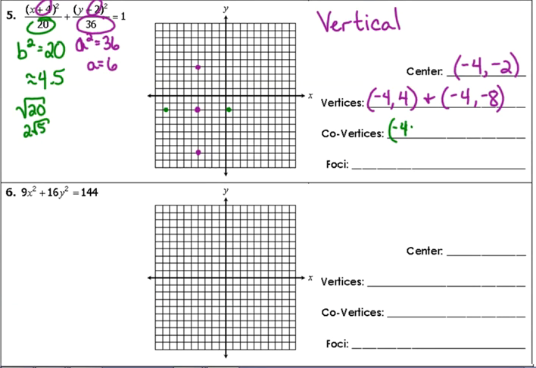So I'm going to do -4 plus 2 square roots of 5, -4 minus 2 square roots of 5, but it has the same y coordinate. Now, technically, at this point, I can graph my ellipse because I have my vertices and my co-vertices.